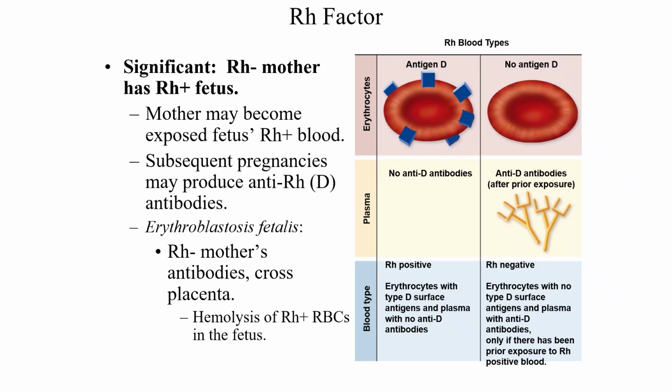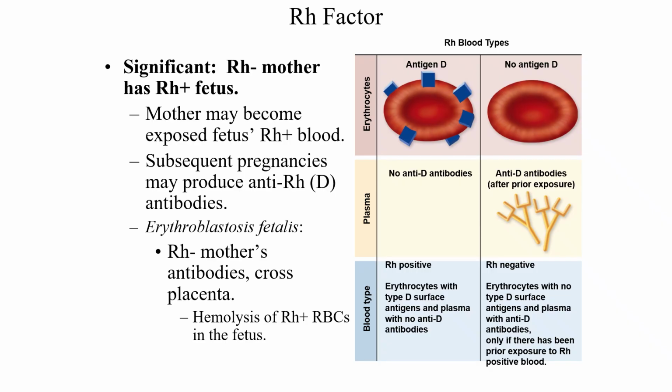But better believe that the body will be ready if transfused again, which is why Rh negative moms who suspect they may be having an Rh positive baby are given a shot called RhoGAM, containing anti-Rh antibodies to prevent the mom's antibodies from crossing the placenta and destroying the cells of the developing baby.